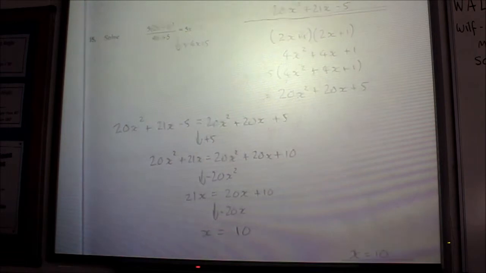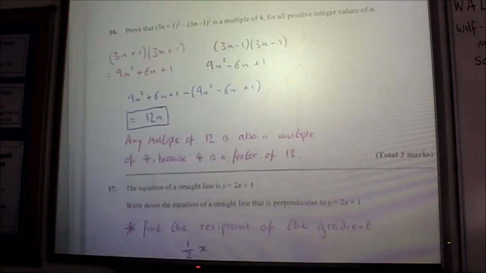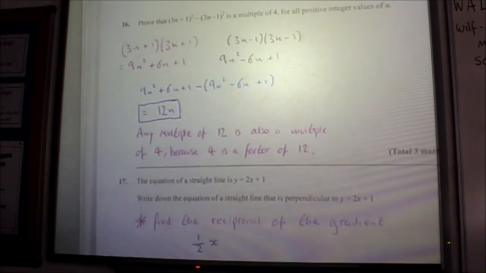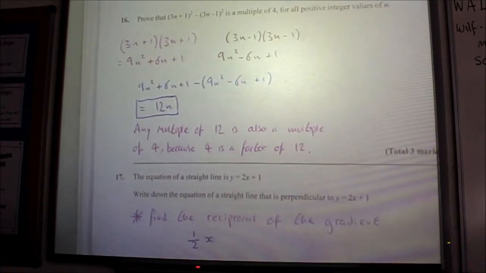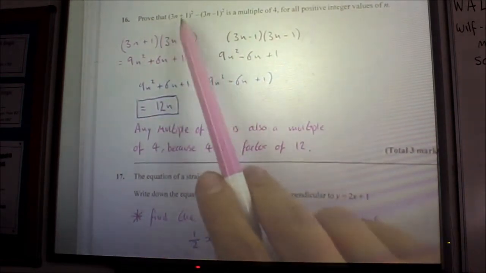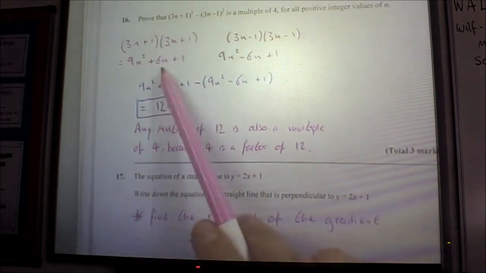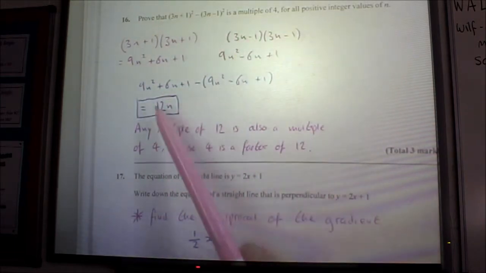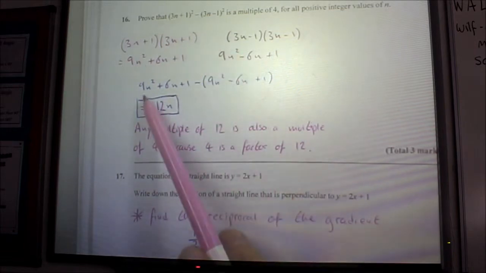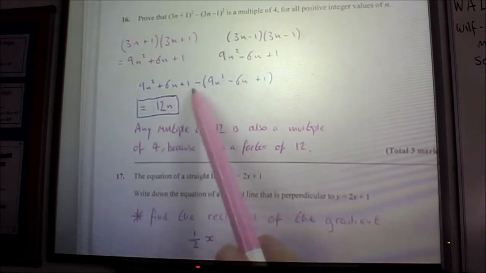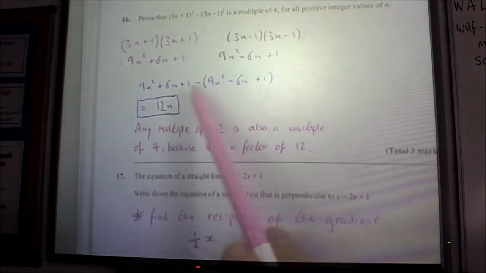Question 16. Prove that this is a multiple of 4 for all positive values of n. Okay, what you've got to do is multiply out your brackets. So I've done that there, which gives you that. I've multiplied out the next one, which gives you that. Then it is this, take away that. So there we go. But when you do the take away, make sure you put this whole one in brackets, because you get things like the negative makes a plus.